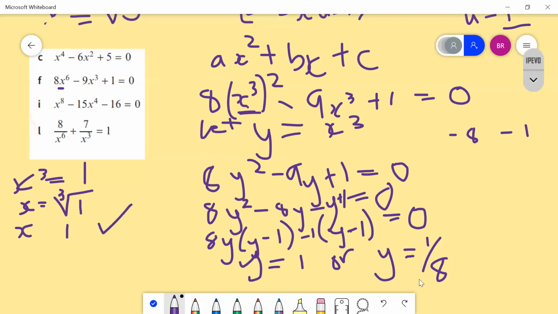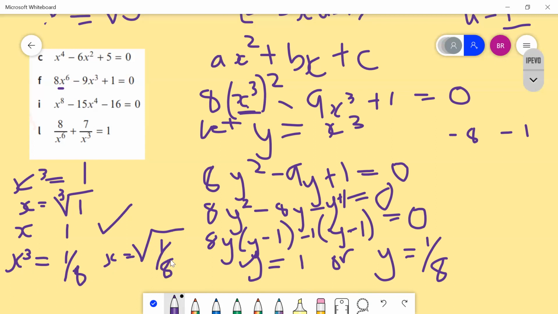Then the other y is 1 over 8. So we know that x to the power of 3 is equal to 1 over 8. I'm going to quickly work this out, but for your own information, if x to the power of 3 is equal to 1/8, it means x is equal to the cube root of 1/8.